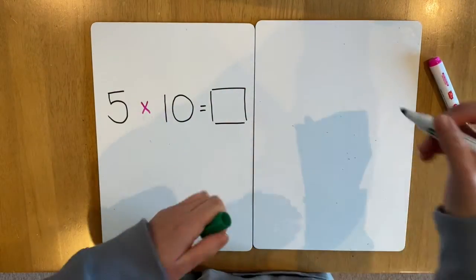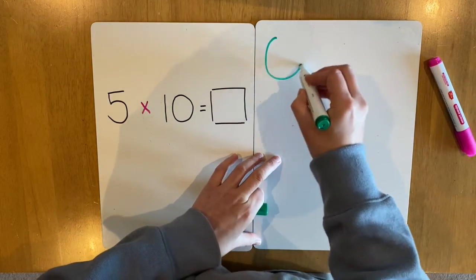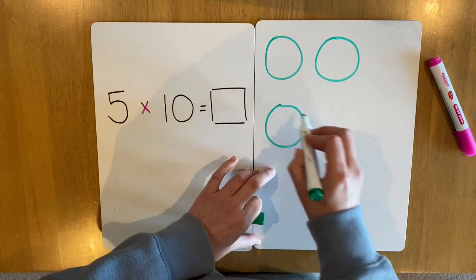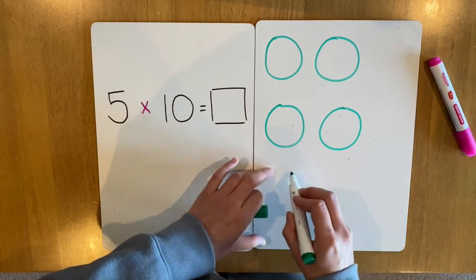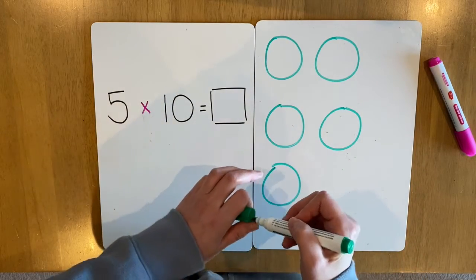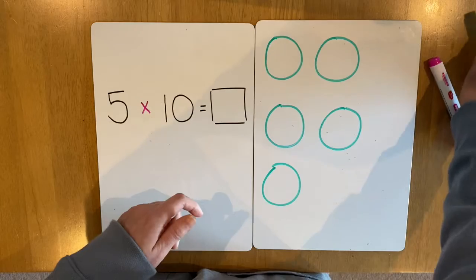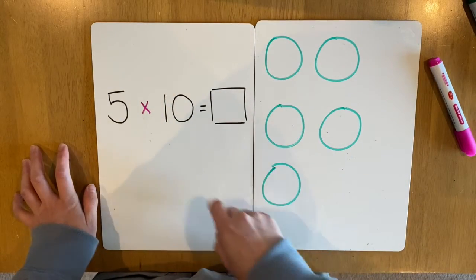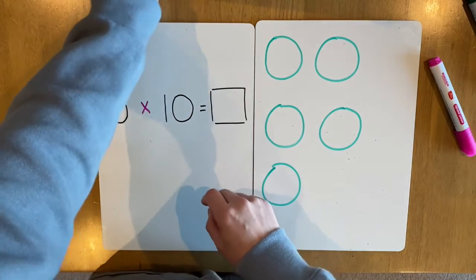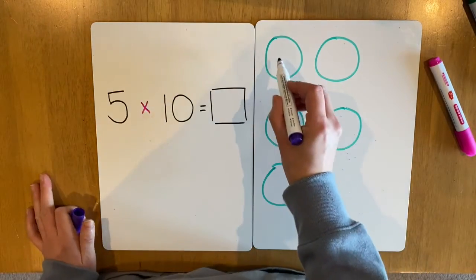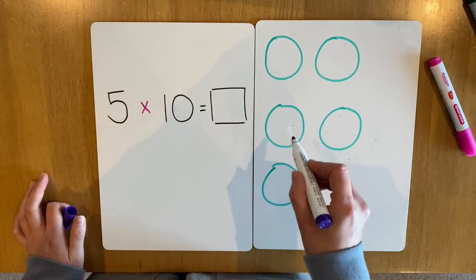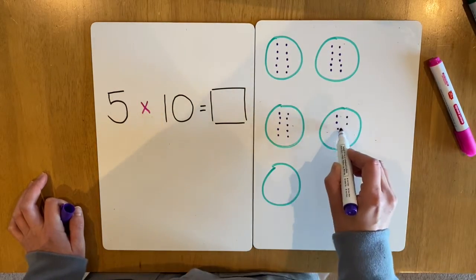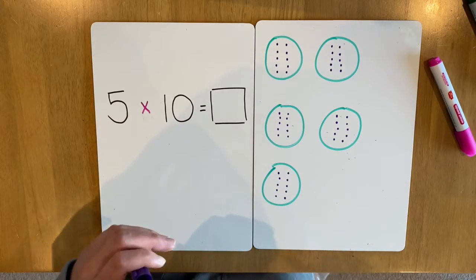I'm going to do 5 circles. 1, 2, 3, 4, 5. I've got 5 groups. How many do I have to put inside each group? I need 10. So I'm going to do 10 dots in every circle. 10. Whew, that took me ages.